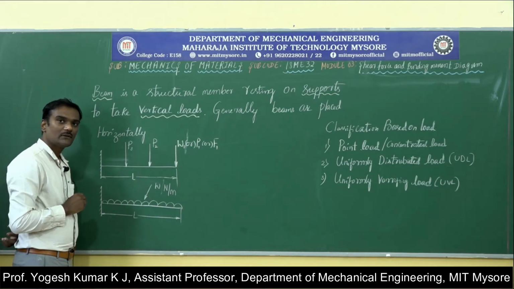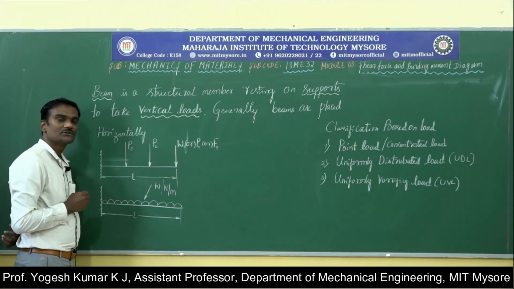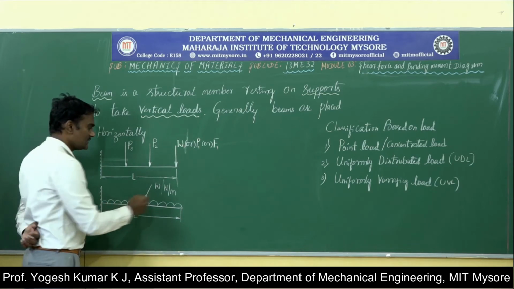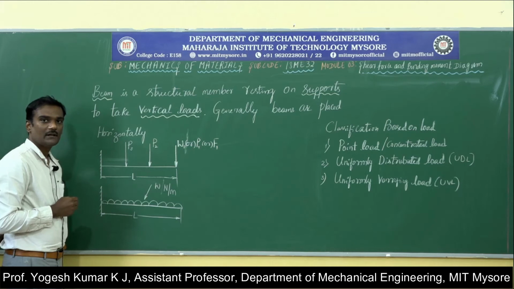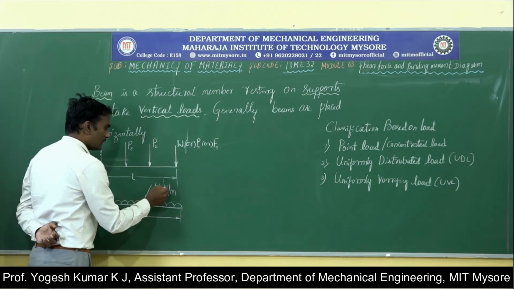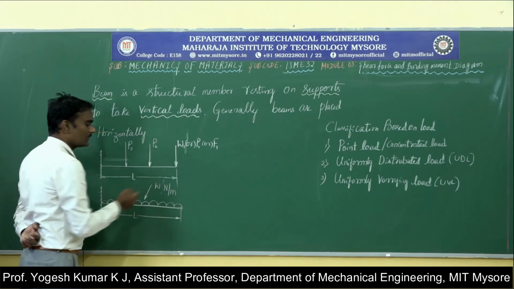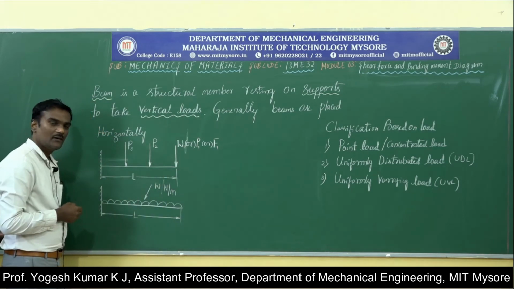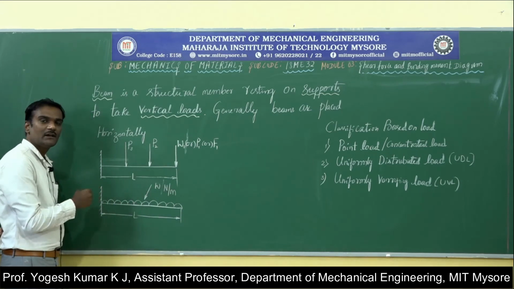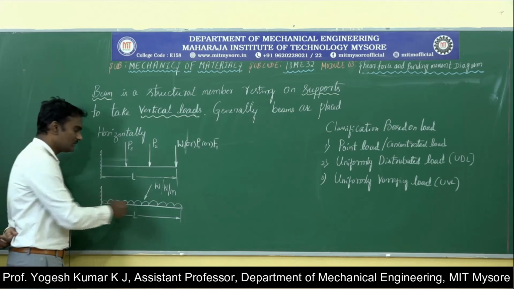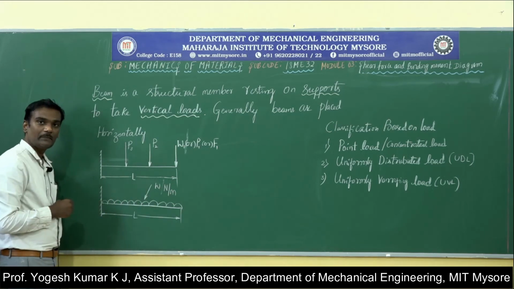The unit changes to Newton per meter or kilonewton per meter. The meaning is that for every meter, 1 kilonewton of load is applied. For example, if it is 10 kilonewton per meter, for every 1 meter, 10 kilonewtons of load is applied uniformly throughout the length of the beam.